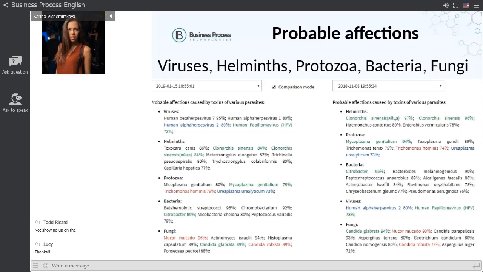So that you don't need to compare and look for different parasites and their percentages, the system marks with different colors the parasites which repeat from test to test. So in these two tests, those parasites which are marked with different colors repeat. So you need to pay attention to those parasites because they repeat from time to time. This is the information which we need to pay attention to.